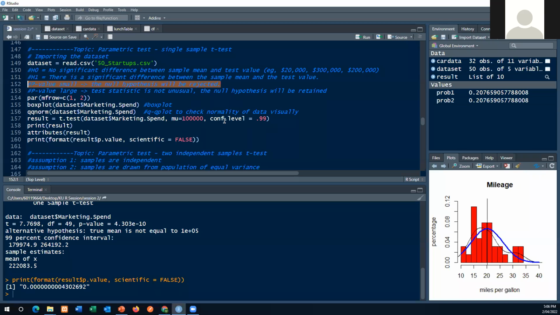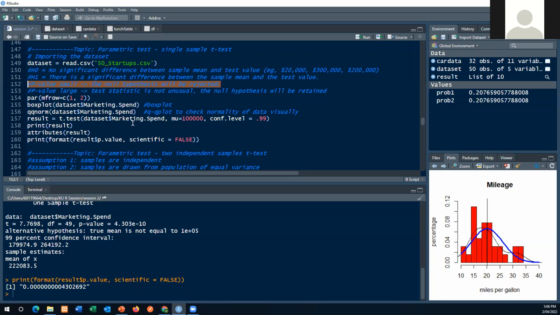So we validated that 200K is very close to the mean, and we are retaining the null hypothesis. But in the second case, when we assume our mean is 100K, we reject it because it's very different from the actual mean.